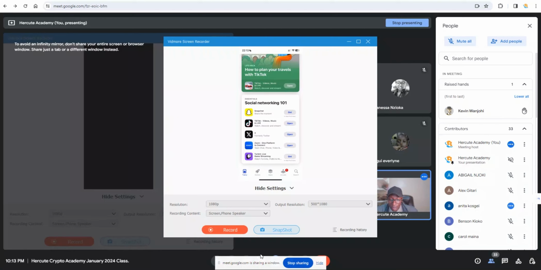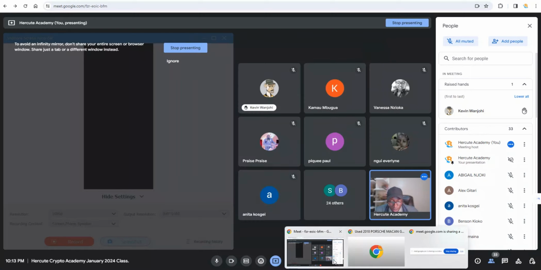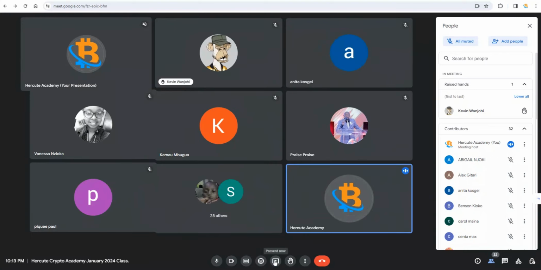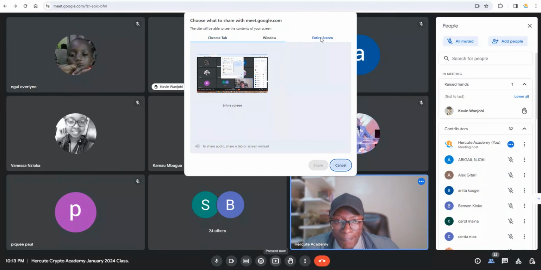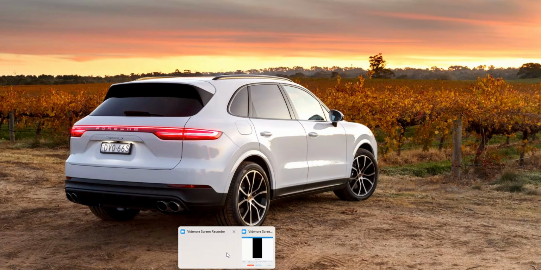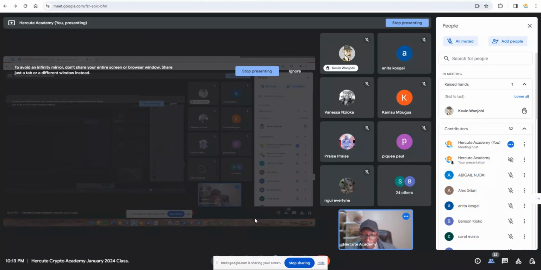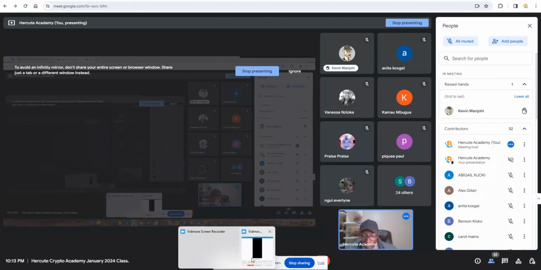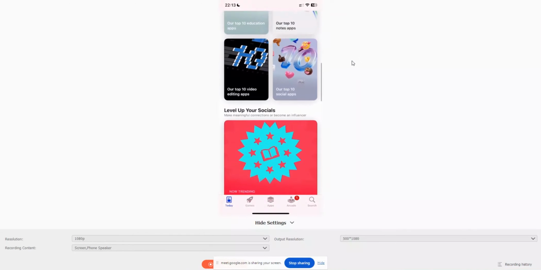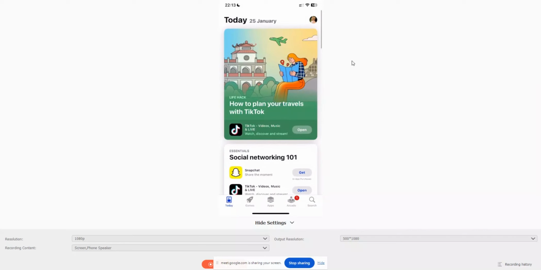Okay, I know why that is happening. So let me change that and share my entire screen instead. Okay, how about now? What do you see? You can see my phone now, right? Yes.